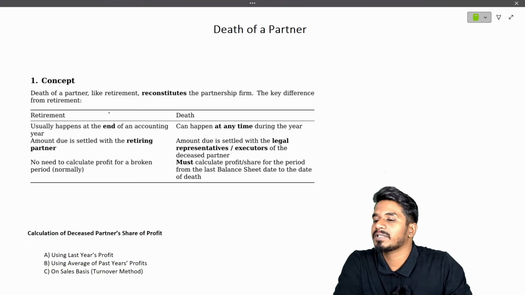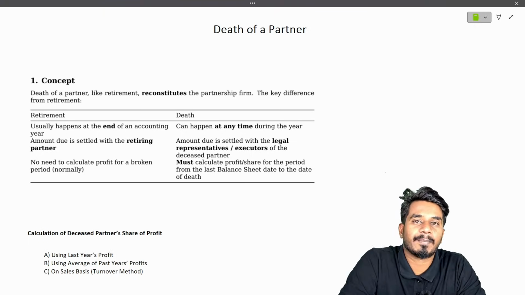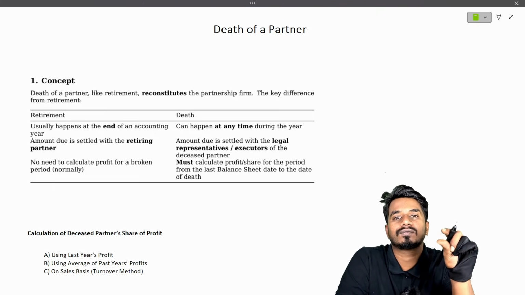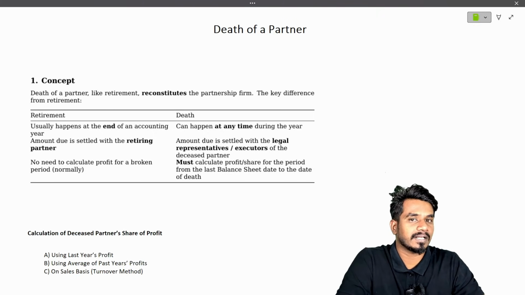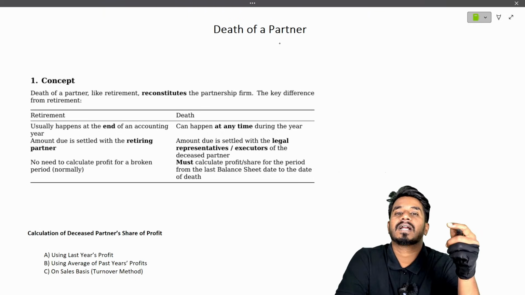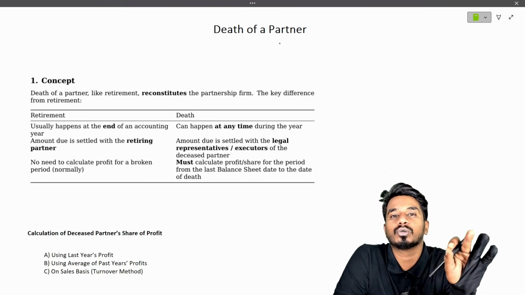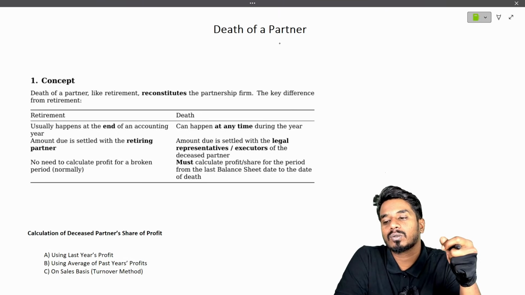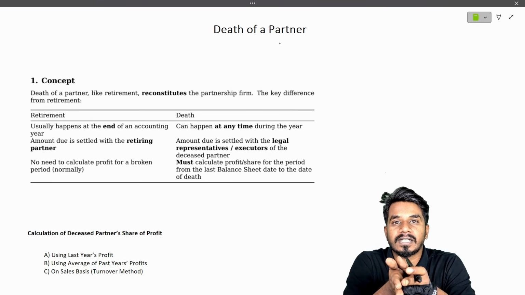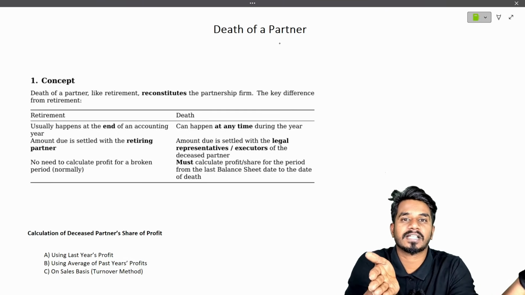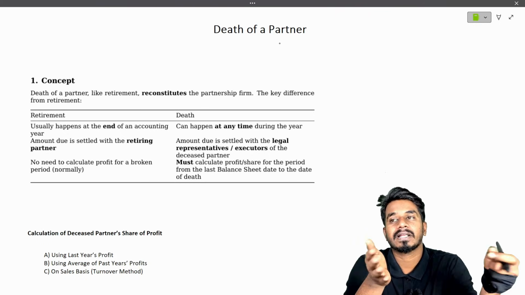Retirement usually happens at the end of the year, because the partner is taking the decision. But in the case of death, it can happen anytime during the year. We don't know when it will happen. After year end, the next day or next month, or anytime.